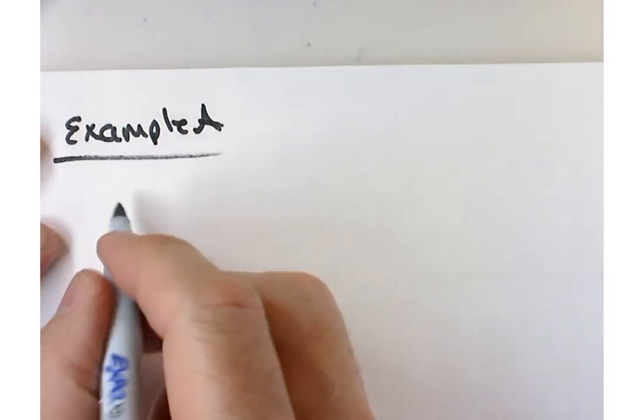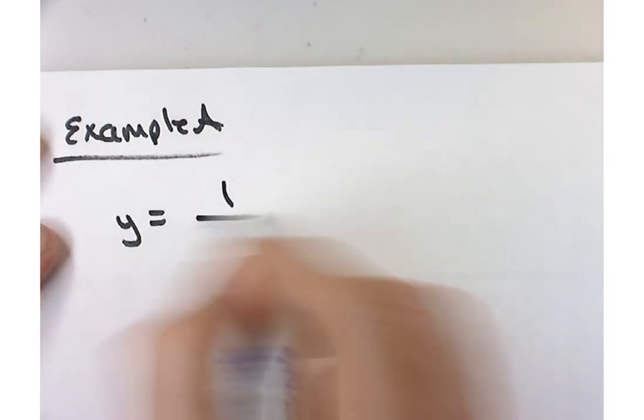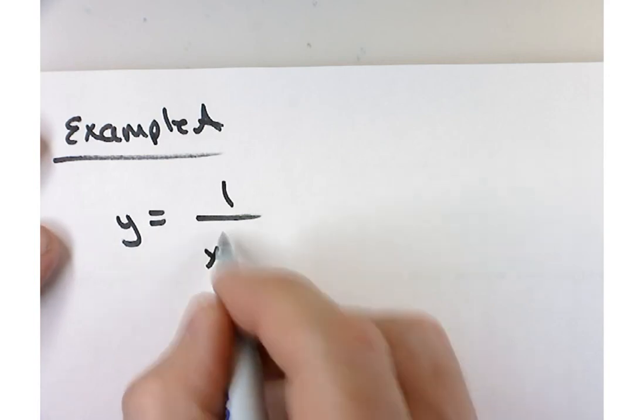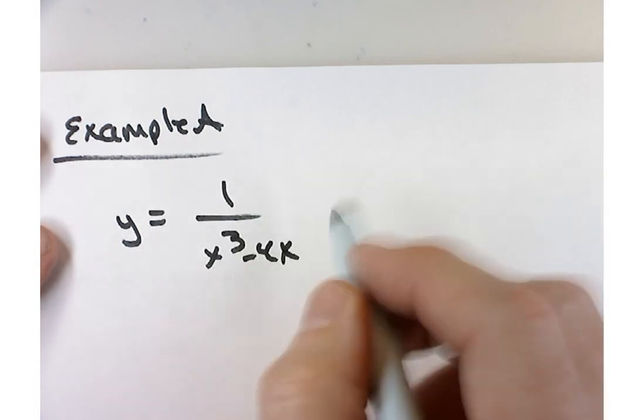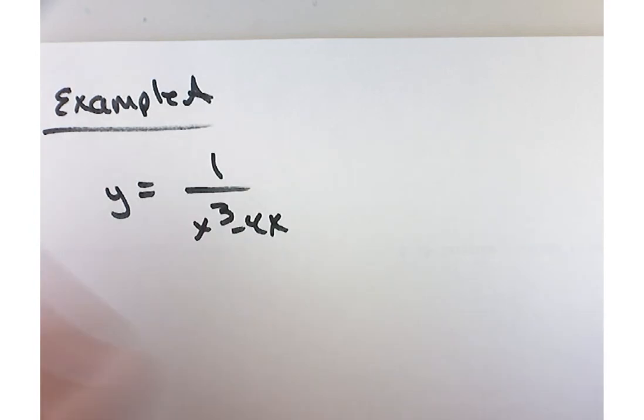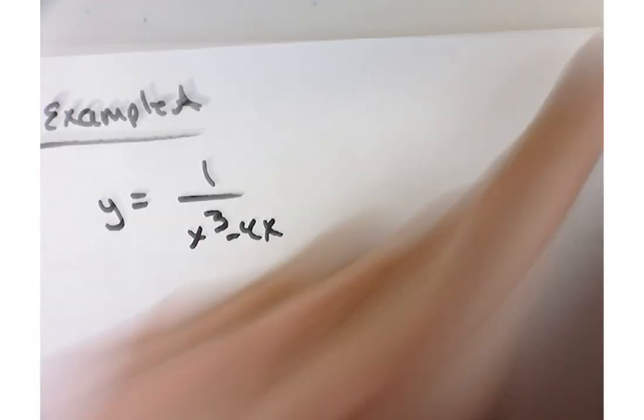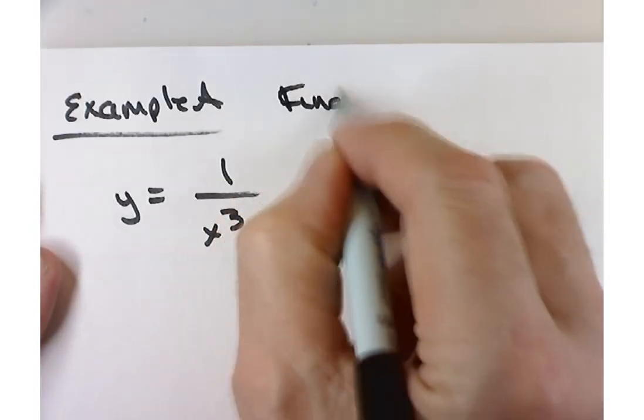So example A is y equals 1 over x cubed minus 4x. And the goal is to find dy.